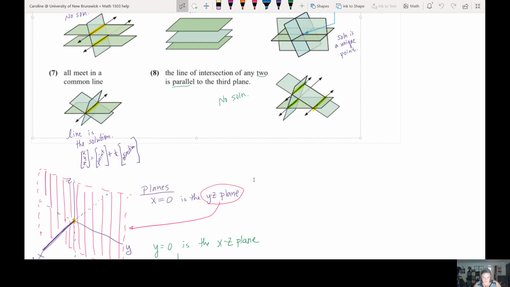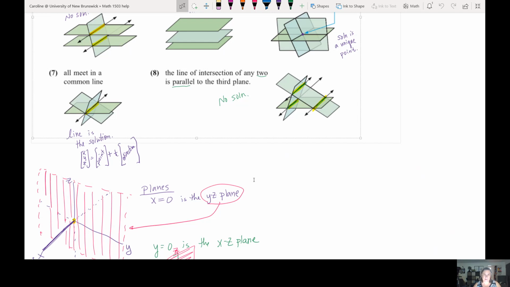So y equals 0 is here, and that plane XZ is sort of here. And it does not go on the y-axis at all.